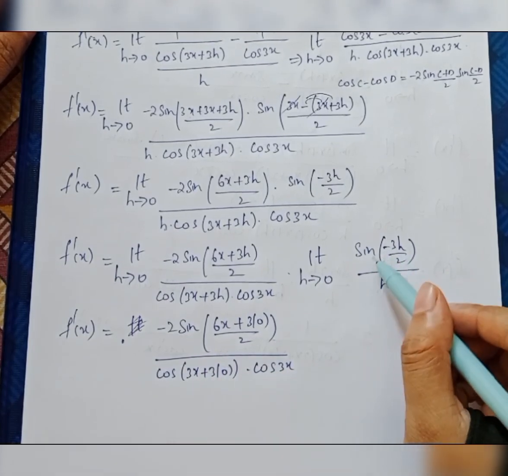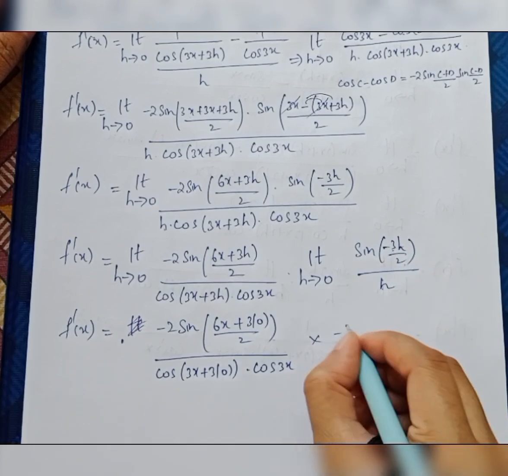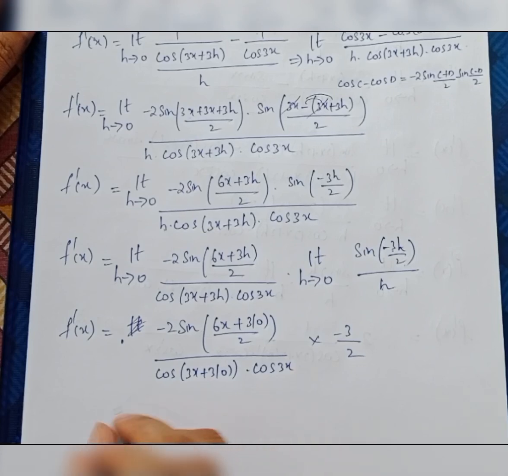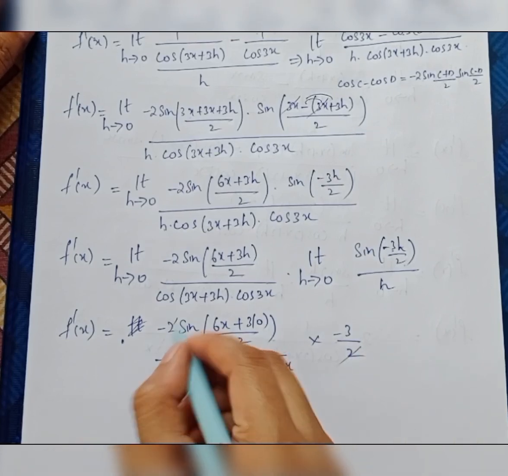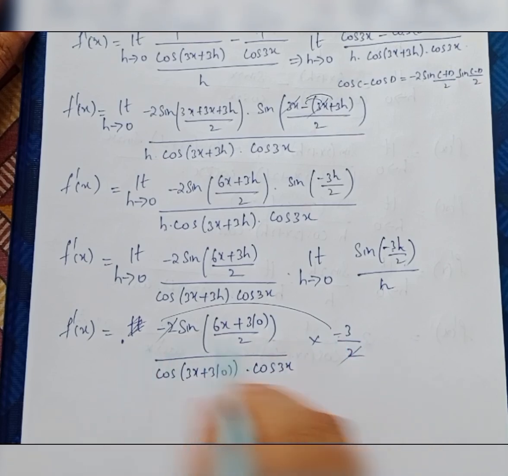And here the formula is sin(aθ) by θ equals a, so it is into 3 by 2. Okay, so here this 2 and this 2 get cancelled, this minus multiplies with this minus, so minus minus becomes plus.